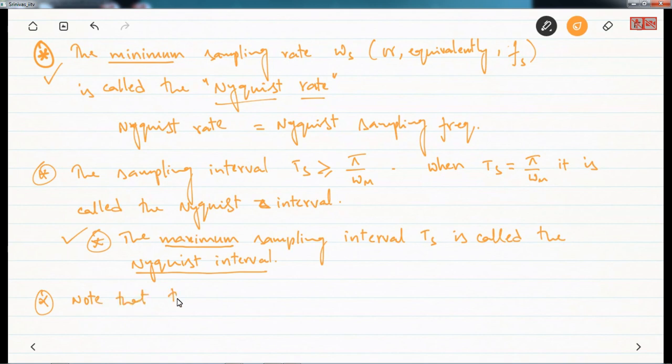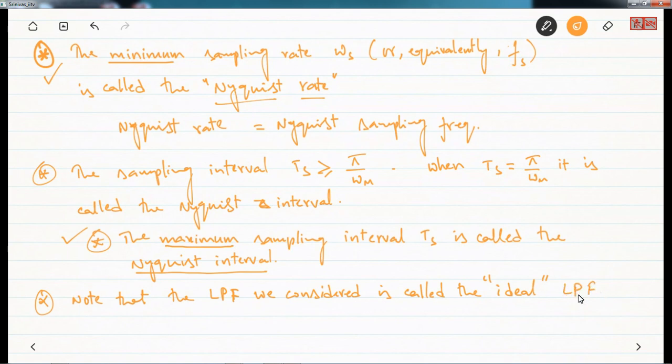Note that the low pass filter, one more point, the LPF we considered is called the ideal LPF. It is the ideal low pass filter.